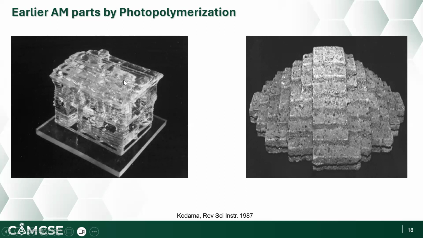This stereolithography technology was also called the photopolymerization process. In this case, essentially, a photosensitive polymer resin will be shot by a laser, and then it will solidify under exposure to the laser into a polymer bulk, right? Next, in the later slides, I will explain in detail how this process works.